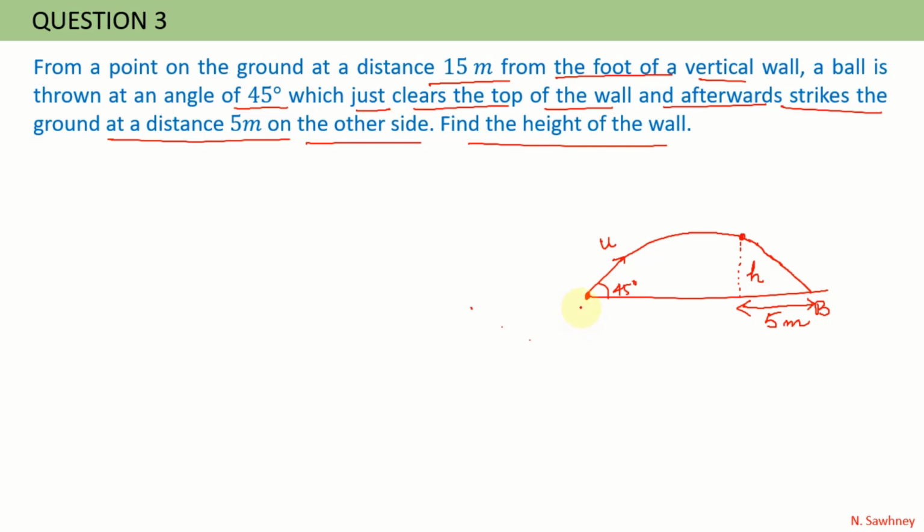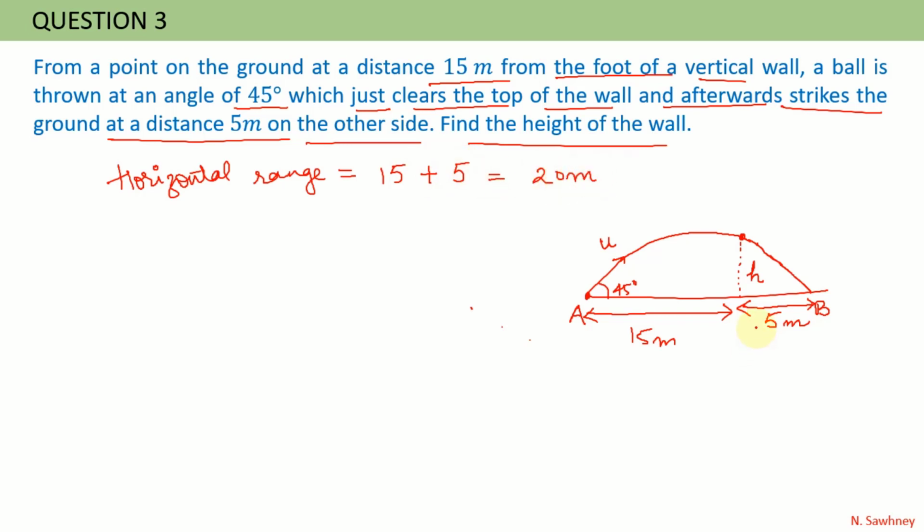Now let the point from where the ball is thrown be marked as A, and the distance of this point from the vertical wall is 15 meters as given in the question. So from the figure only we can find the horizontal range. The horizontal range is 15 plus 5, that is 20 meters, and it is clear from the figure.